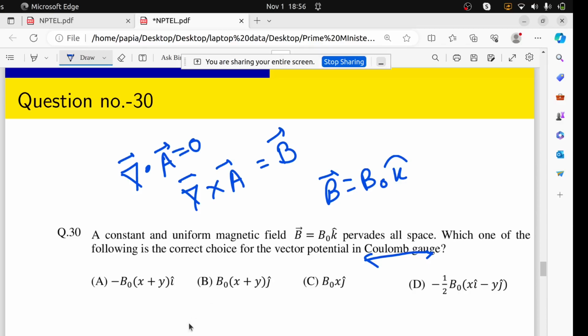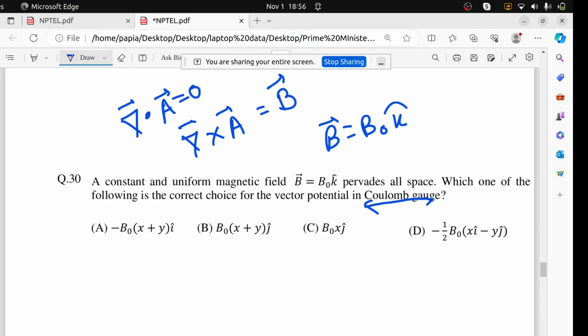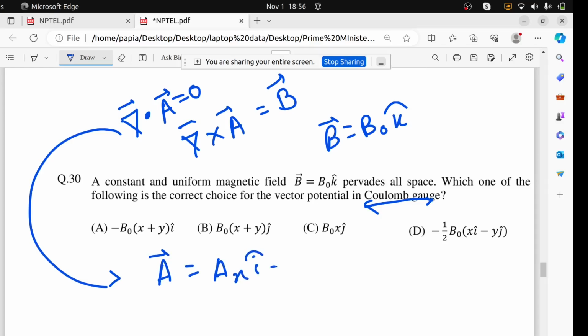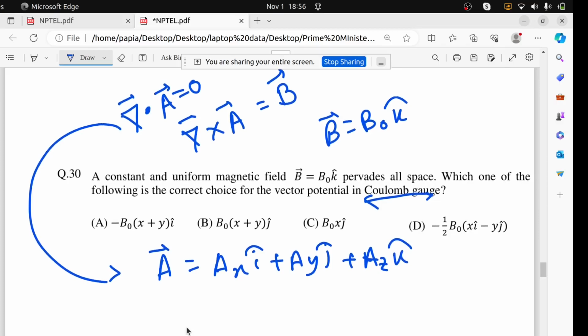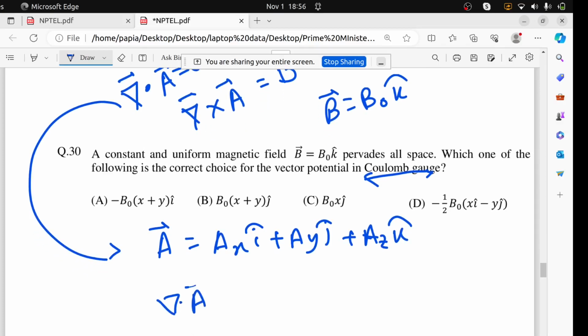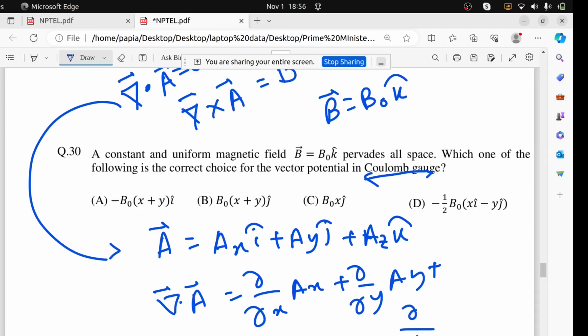Now similarly, it is very simple. So what do we need to do? Divergence of A is what? I think obviously all of you know these things. If our A is like this one, I am writing here, then what will be the divergence of A? Divergence of A will be del del x of Ax plus del del y of Ay plus del del z of Az, right?